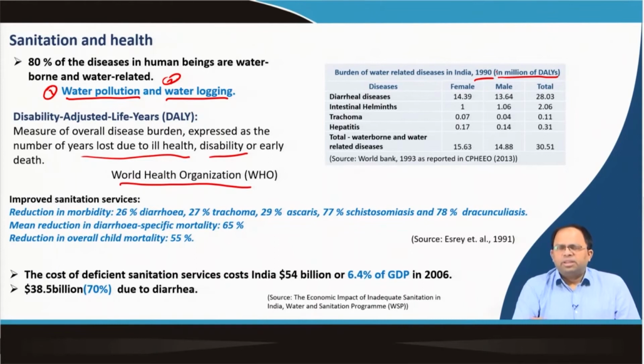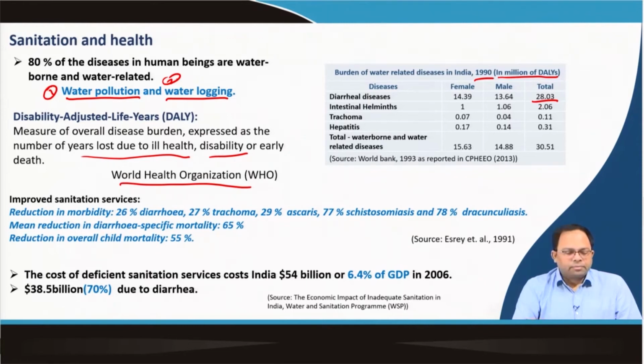So, now the value would be different of course, but you can see that diarrheal diseases, which are primarily related with water, cost 14.39 million days lost by females and 13.64 million days lost by males. This could have been used for so much productive use, right, and we could have generated money out of that. So, total 28 million days are lost.